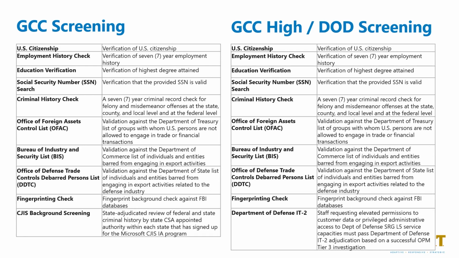In terms of GCC High, this is a DoD IT2 adjudication based on a successful Office of Personnel Management Tier 3 investigation. This is the same background check as if you were going to manage classified information without having a classified clearance. This means that the environment and the people working in it are capable of meeting these higher watermarked controls for controlled and classified information with export controls.